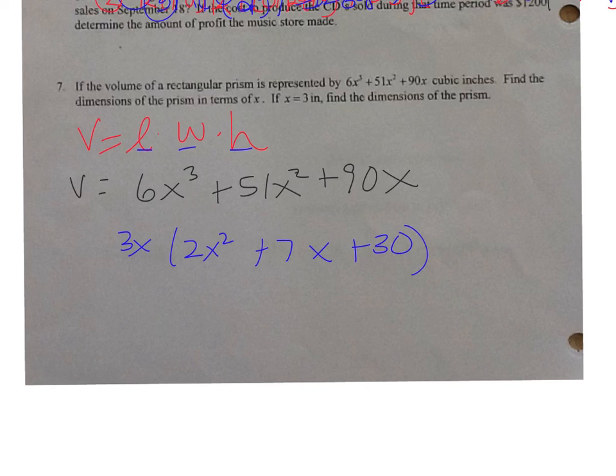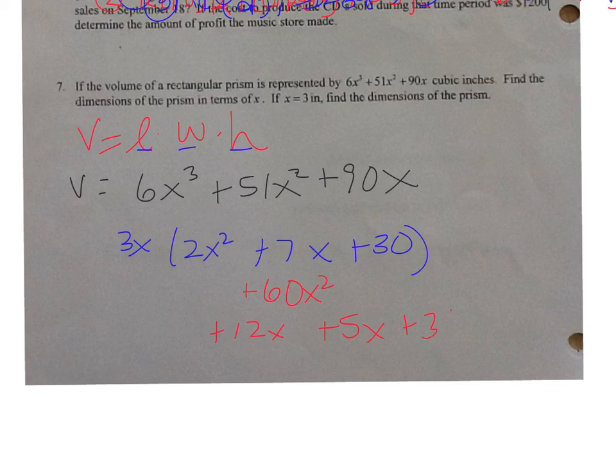And now I have to factor the trinomial. So I multiply the first and the last, master product, positive 60x squared. What multiplies to 60 and adds to 17 is 12x and 5x, and it's both positive.